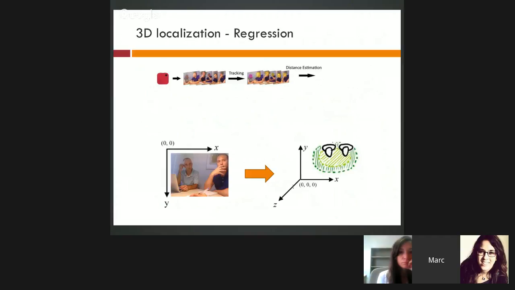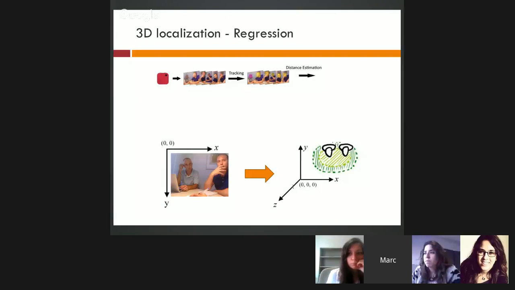The next step was to prepare all the features to be usable, to be fitted into F-formation. As we saw before, F-formation needs the position of the people and the orientation of the people. But the position that it needs is in 3D space, from the bird's-eye view. Here we had a 2D image, and what we needed was to know the distance of the people from the camera wearer.